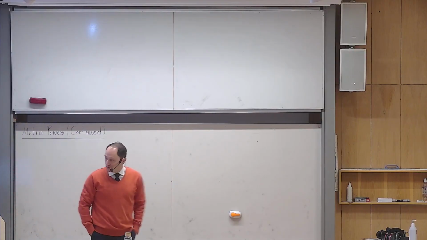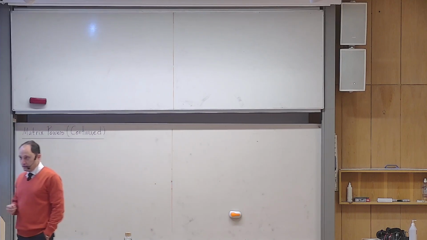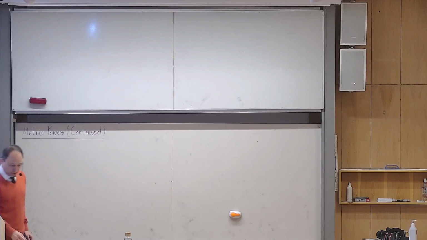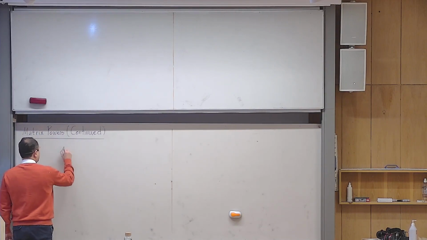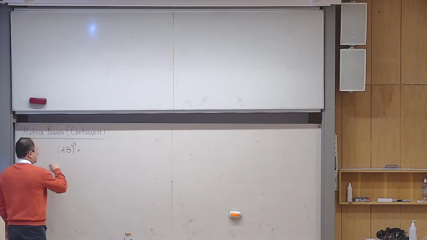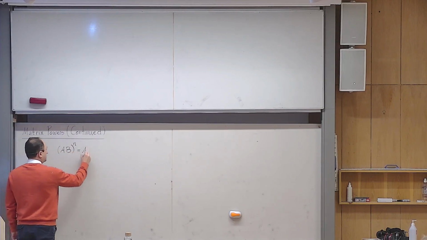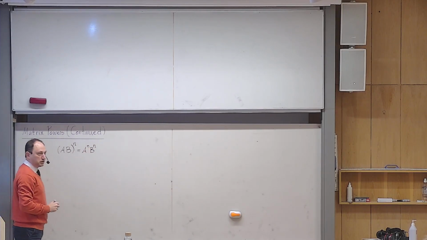Okay, good morning. Do you remember we talked about some formulas? This was the formula I told you is another deviation from number algebra: if you have square matrices of the same order, there is no guarantee that this formula is true unless you know that A and B commute.